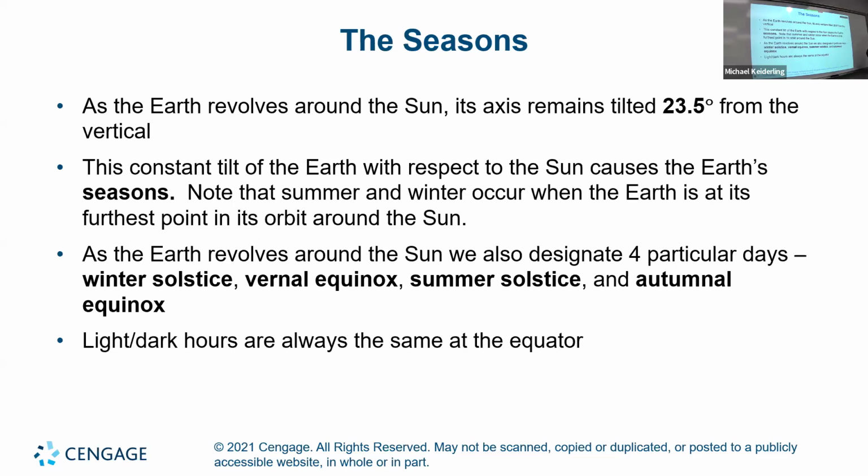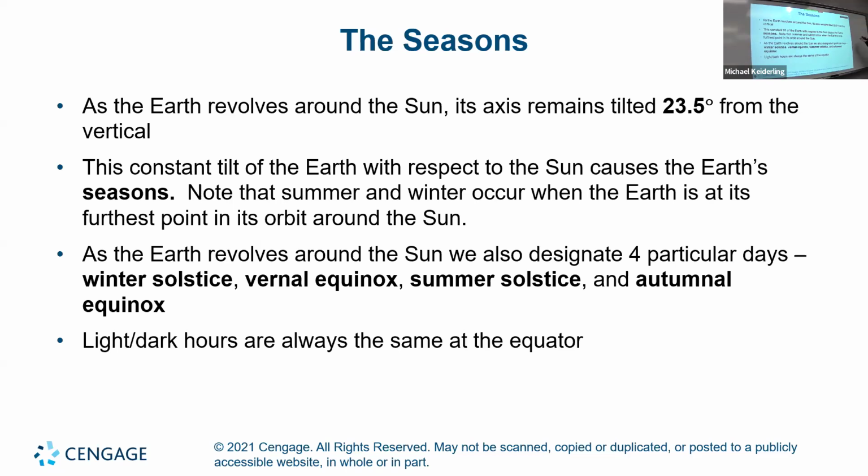So as the Earth revolves around the sun, we can designate 4 particular days that correspond to important times of the year. And these have been known about for, it's hard to know how long, literally tens of thousands of years.